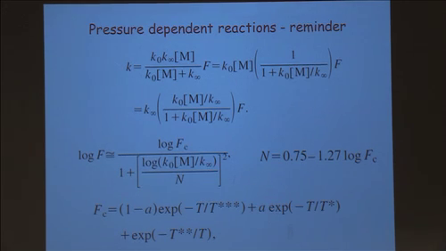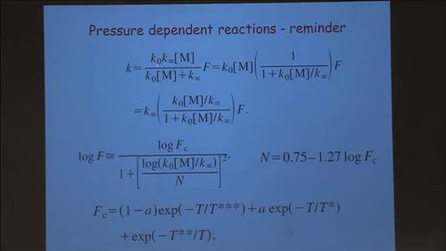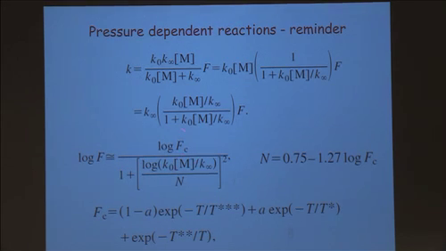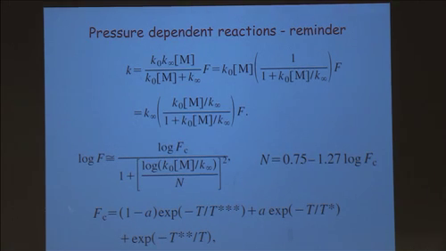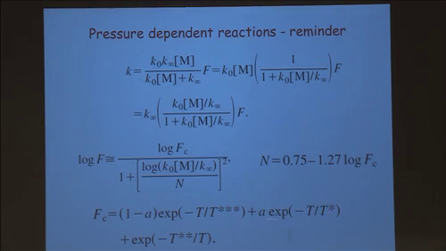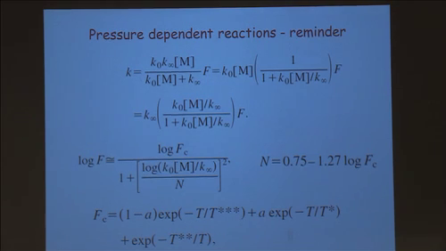So the overall rate coefficient depends upon three rate parameters: k0, the rate coefficient at zero pressure, k infinity, and fc, or f cent. And f cent is usually parameterized in this sort of form with T triple star, T star, and T double star as the fitting parameters.